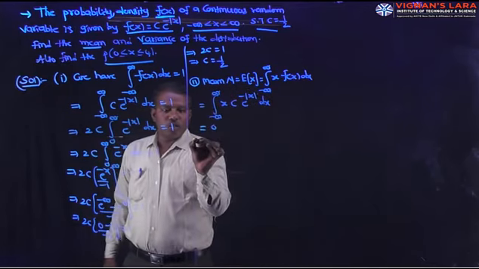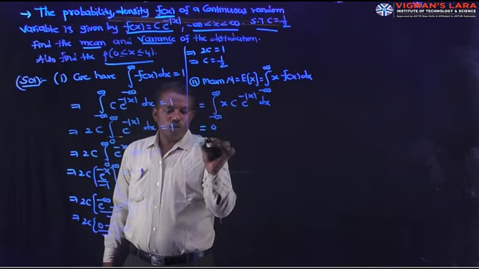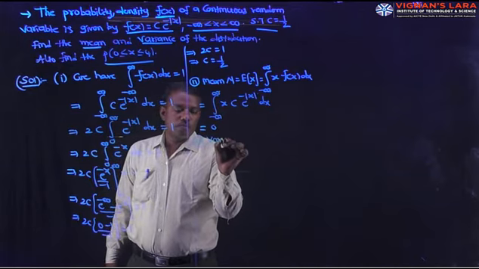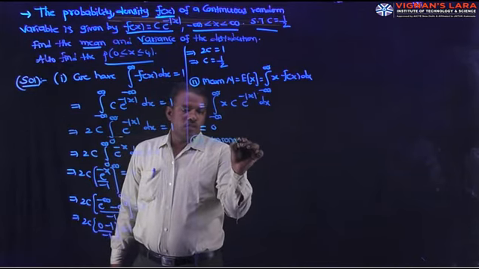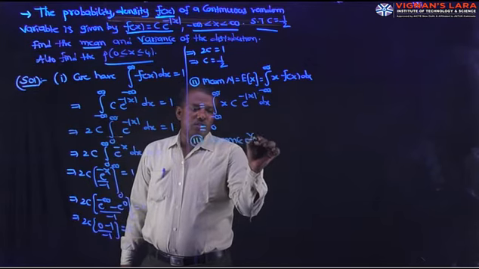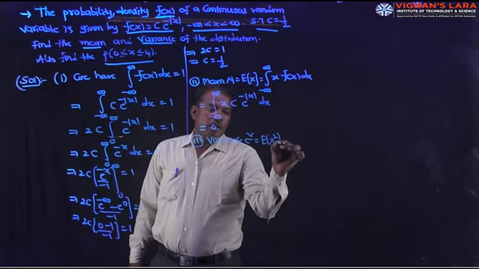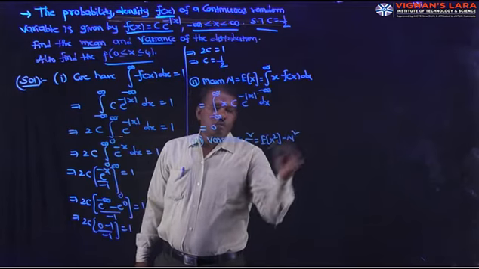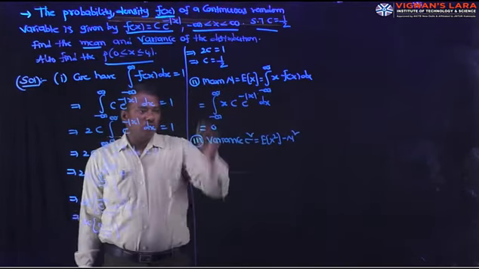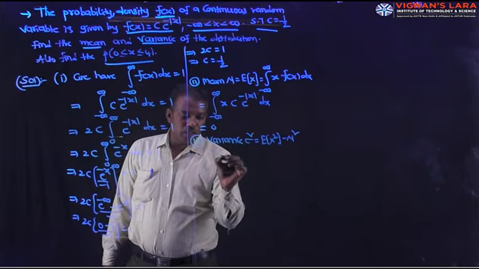Then coming to the third one, variance. Variance, sigma square is E of x square minus mu square. Mu square value is 0, since mu is already 0, so it is directly E of x square.